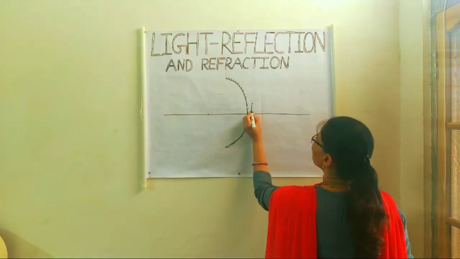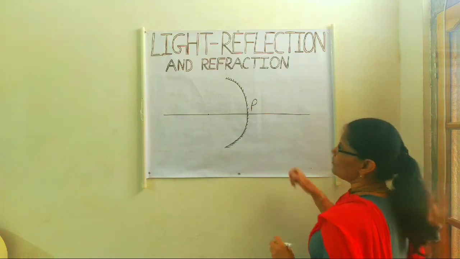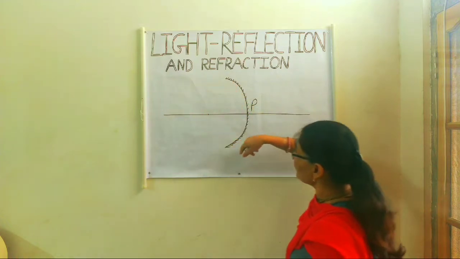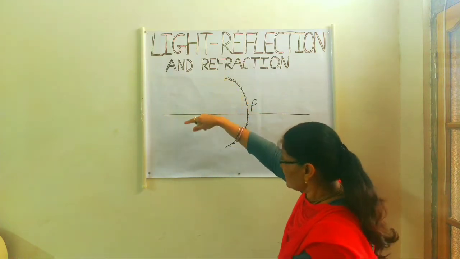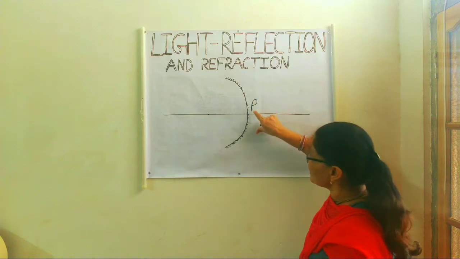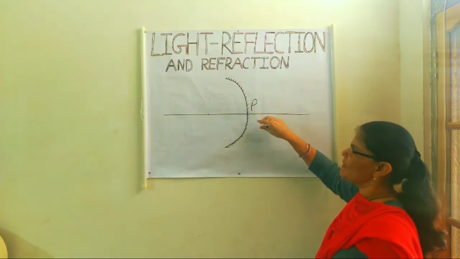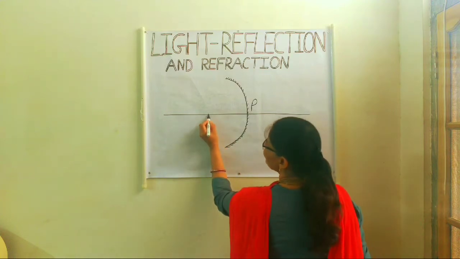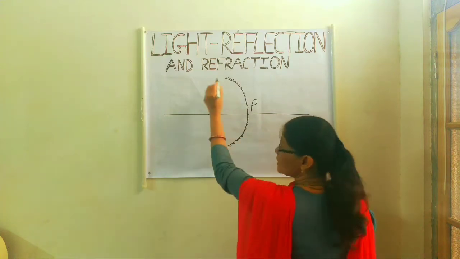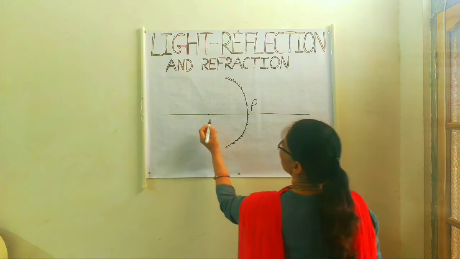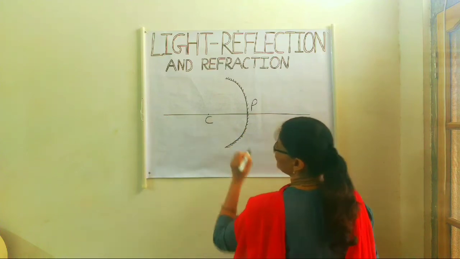This is our pole, and if we complete the sphere of the reflecting part of the spherical mirror, then its center is here. So this center of the sphere is called the center of curvature, and it is represented by capital C.